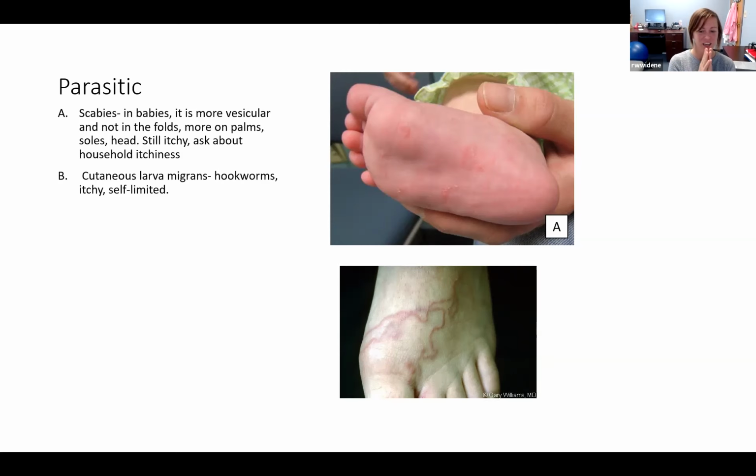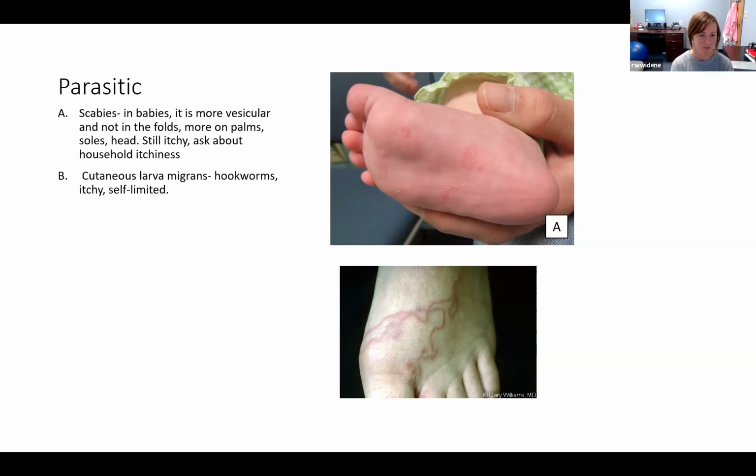I had a fun case that I could not get a picture of because it was a 2-year-old, and he had cutaneous larva migrans on his penis. But mom came in. They live on a farm. She already knew the diagnosis. The poor kid had already been treated, and he got it because they play in the trough that has the water for the horses to drink out of.